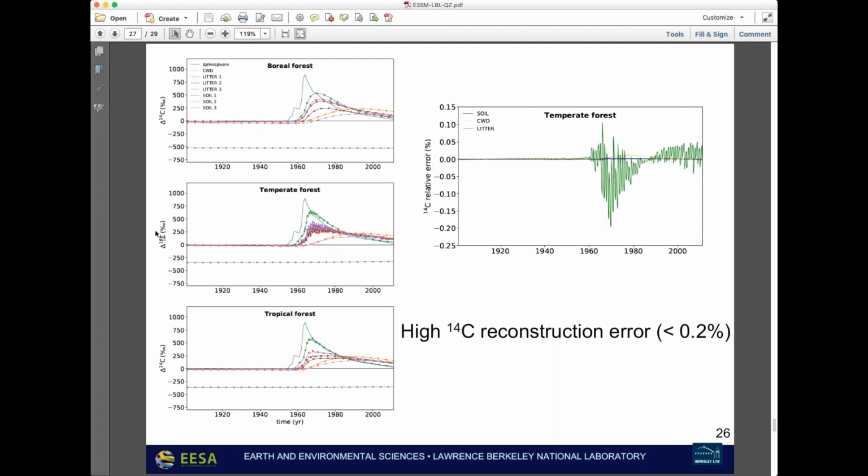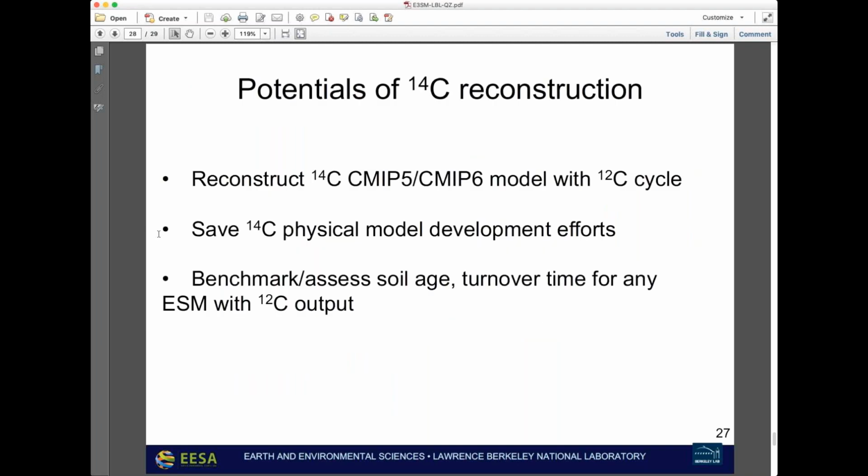So the reconstruction is very successful, and the potential is that we can reconstruct, for any model in CMIP5 or CMIP6, the 14C with only the 12C cycle output variables from those models. We also don't need to develop a 14C physical model for an Earth system model.